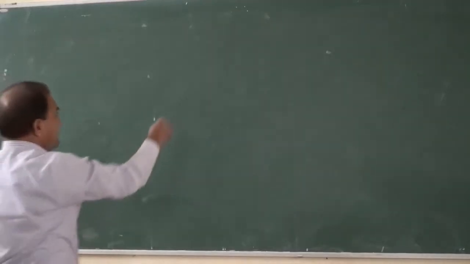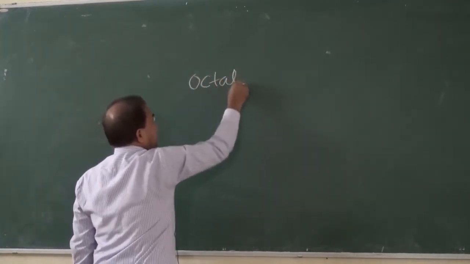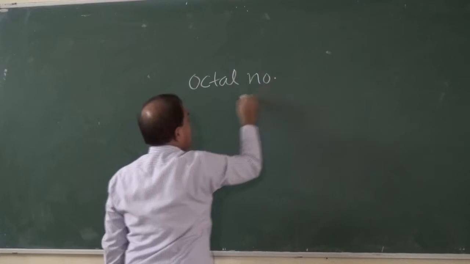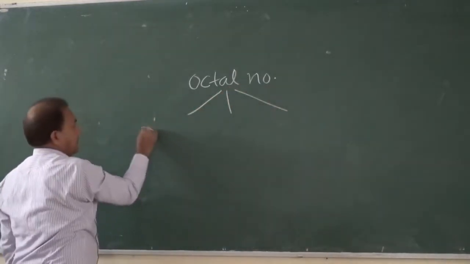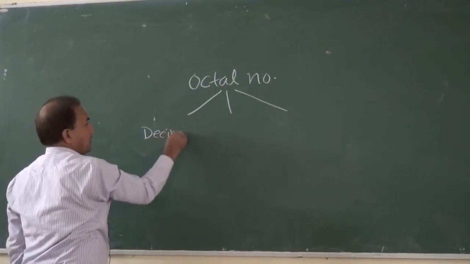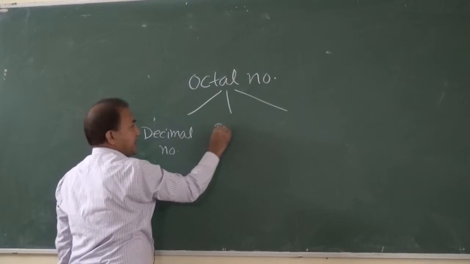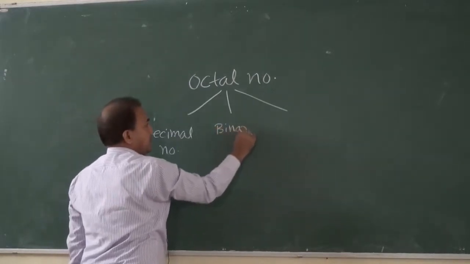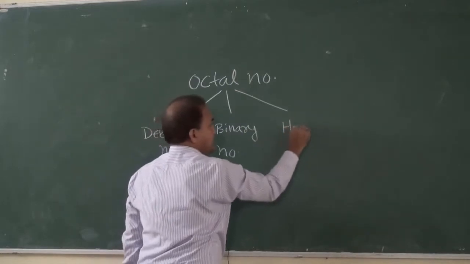Okay. Then we have to see how we can convert an octal number to a decimal number, an octal number to a binary number, and an octal number to hexadecimal.